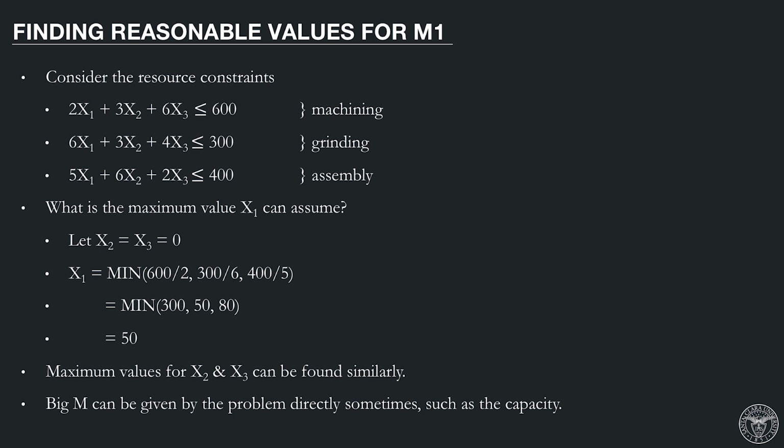Among all these three numbers, we just need to take the least value so that we have 50 as the new upper bound of x1. And we just need to set m1 equal to 50. We can use the same approach to figure out the m2 and m3 for x2 and x3. Sometimes we get lucky, the problem will give us some capacity information so that we can directly set the capacity as the number of the big M.